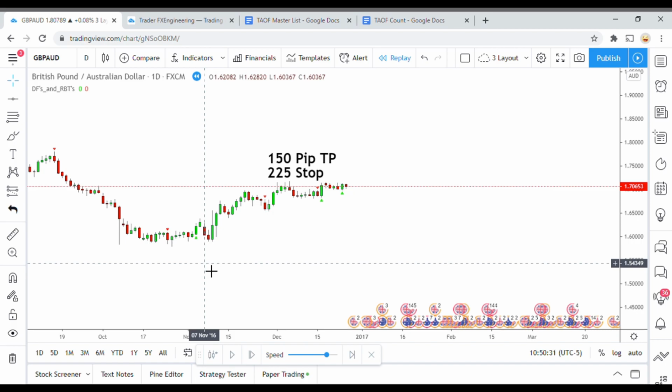Make sure that the indicator works with all pairs, because sometimes you'll find that they work well with one pair, but then with others they don't. Put some legwork in and dig into the winning list of indicators. And I promise you that you will find one or two or three, however many indicators that will make you a profitable trader.